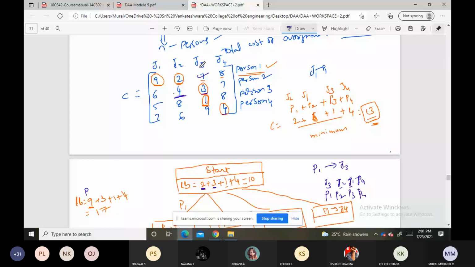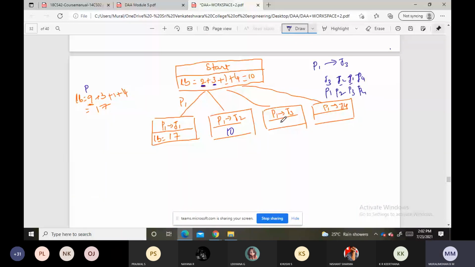Next is 4, which is not allocated, so I will allocate this for person 4, that is job 4. So 7 plus 4 plus 5 plus 4. How much? 20. So we are getting 20 as the lower bound value if person 1 is assigned with job 3.